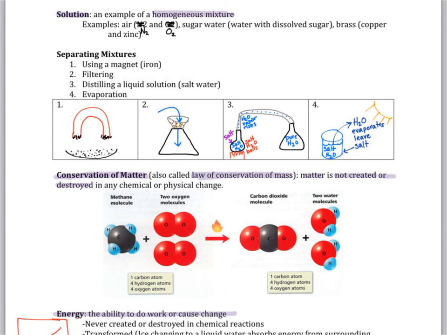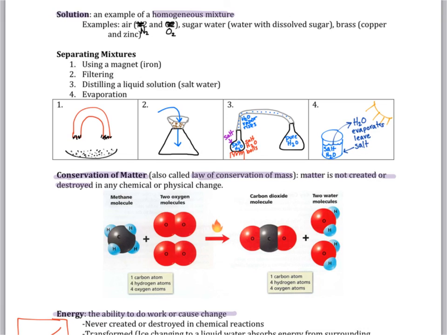When those are combined with 2 oxygen molecules, remembering that oxygen that we breathe actually is 2 individual oxygen atoms bonded together, you can see the total of all of these is 1 carbon atom, 4 hydrogen atoms, and 4 oxygen atoms. If we combine those with heat, this is representing a chemical change, which we will learn more about.